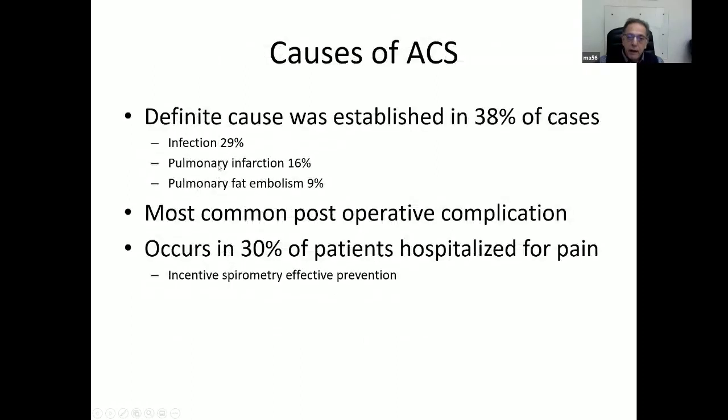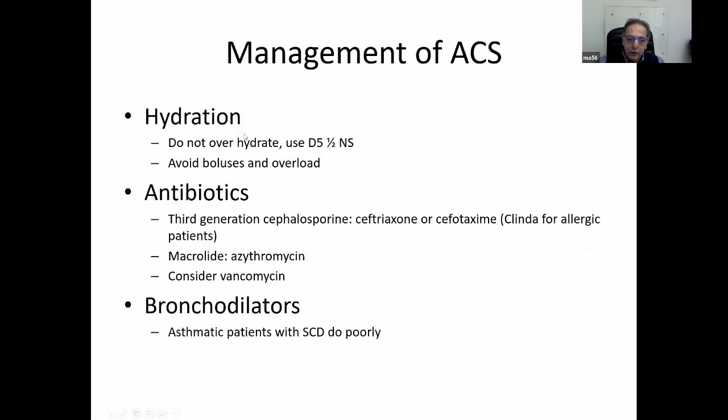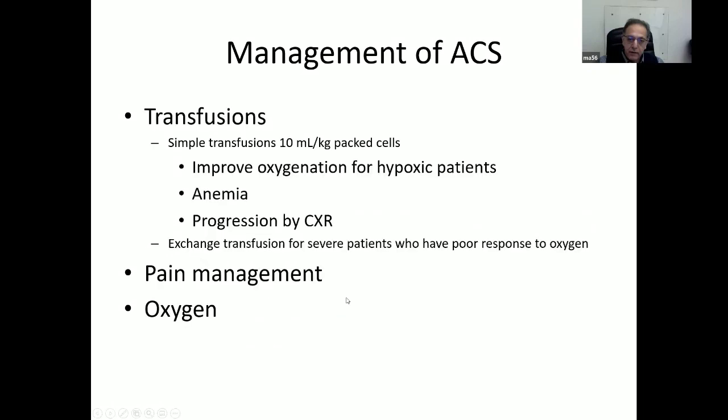And again, infections can be a cause, so we need to really have infectious disease on board. The management, hydration, antibiotics, bronchodilators, we always have our pulmonologist on board with us, as well as in patients who are not doing well, our pediatric intensive care specialist.